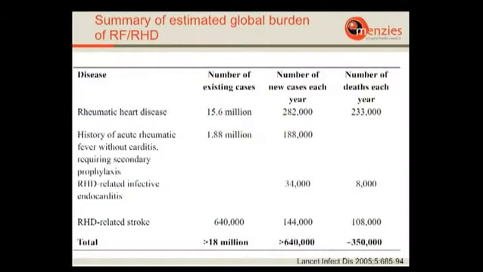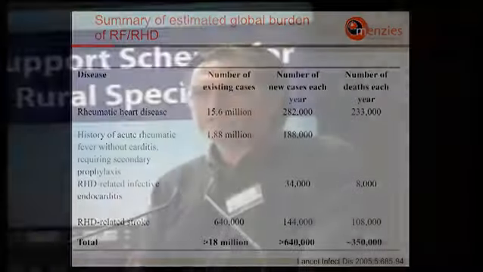This is rheumatic heart disease, and these are other rheumatic heart disease related problems. So if you want to look at the figures for rheumatic heart disease, look up there. If you want to look at all the rheumatic heart disease related problems, look down here. And so what we suggest is that currently in the world there are more than 18 million people living with rheumatic heart disease or an associated problem that is not an acute problem that relates to rheumatic heart disease.